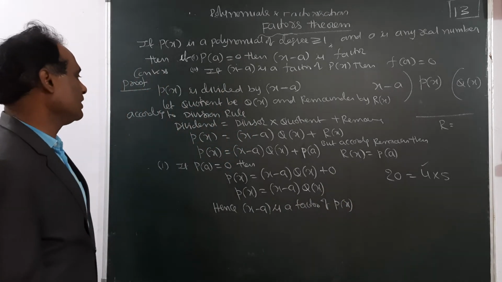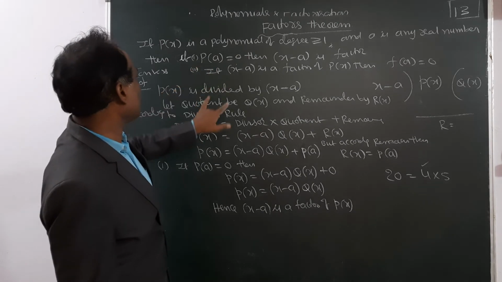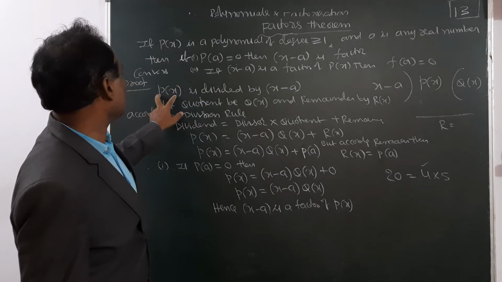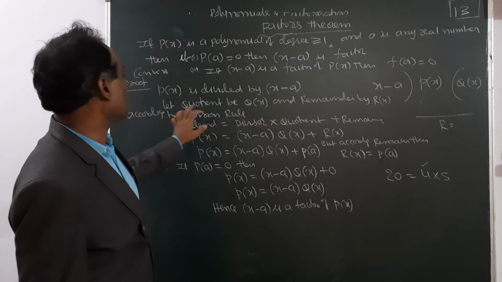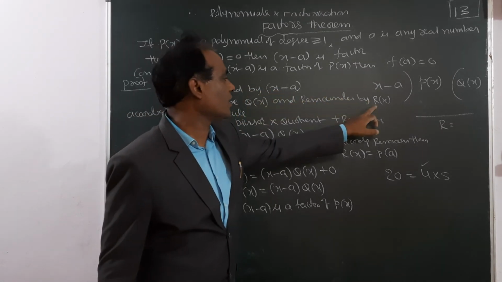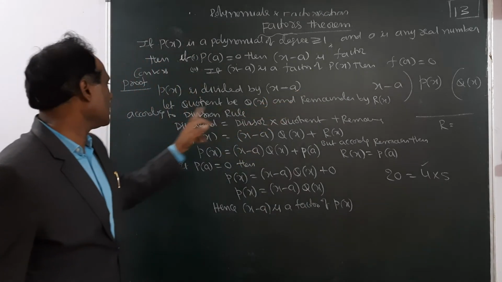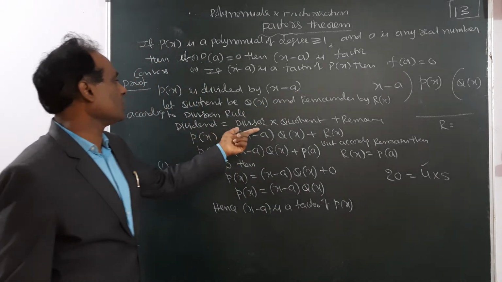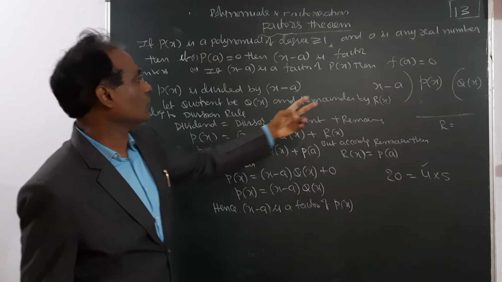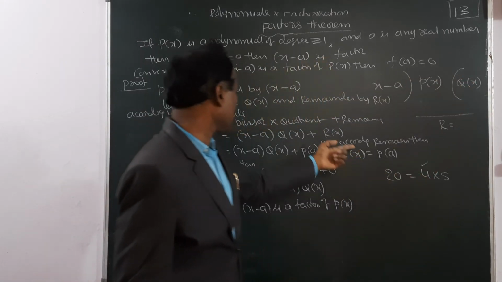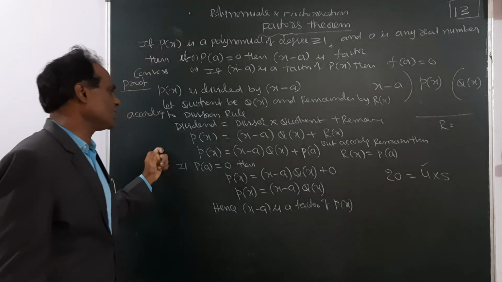This is the proof. So here the given polynomial is p of x, say it is divided by x minus a, then let the quotient be q of x and the remainder be r of x. Then according to the division rule, the dividend is equal to divisor into quotient plus remainder. Dividend p of x is equal to x minus a into q of x plus r. This is the division rule, it holds good for every division.